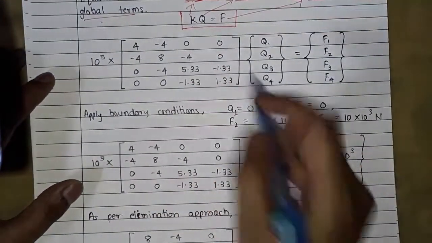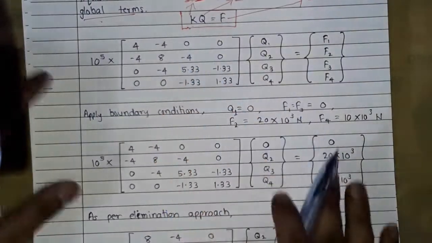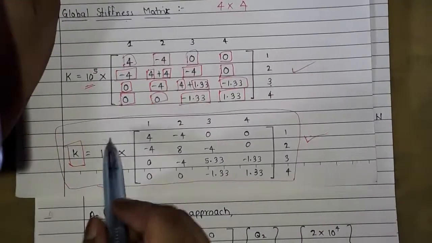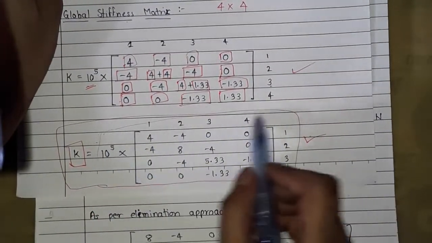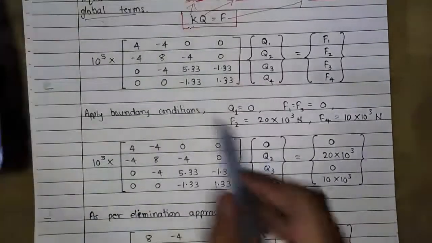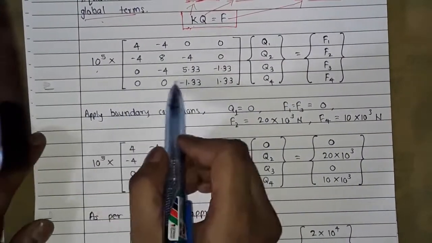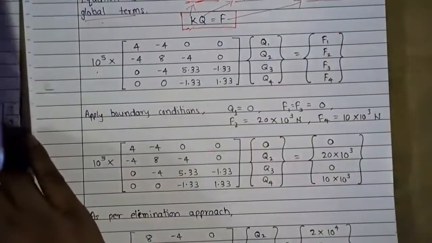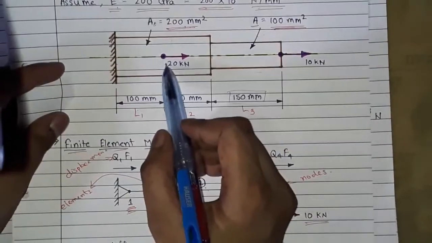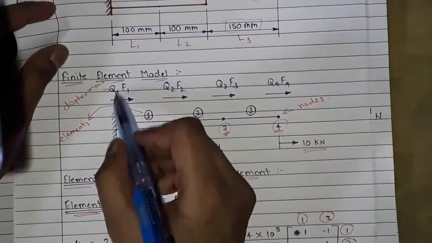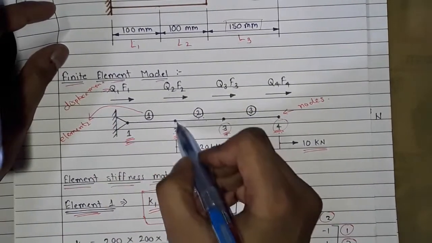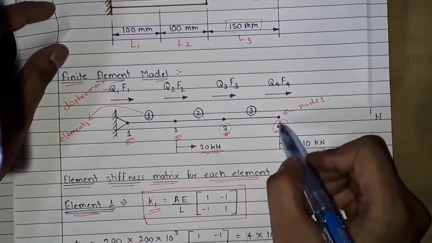Now we put the values. This K is the global stiffness matrix which we got earlier. We put this whole value here at the K location. Now for Q, we have 4 displacements here, friends: here Q1, here Q2, here Q3 and here Q4.